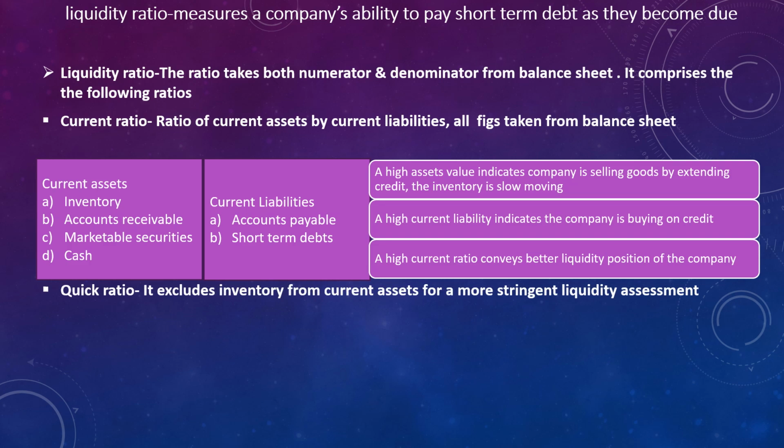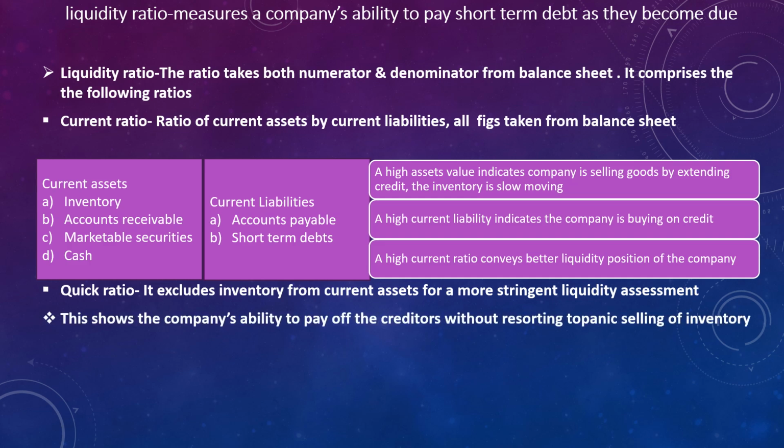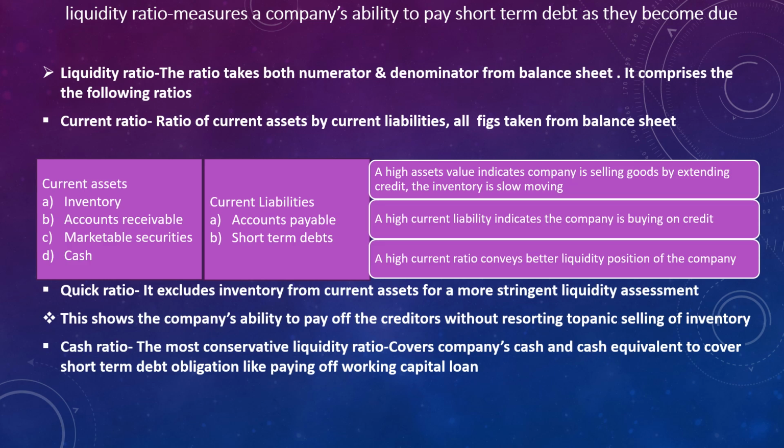It excludes inventory from the current assets for a more stringent liquidity assessment. This shows the company's ability to pay off the creditors without resorting to panic selling of inventory. Cash ratio. The most conservative liquidity ratio covers the company's cash and cash equivalents to cover short-term debt obligations like paying off a working capital loan.